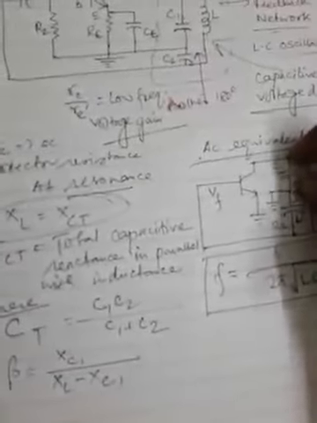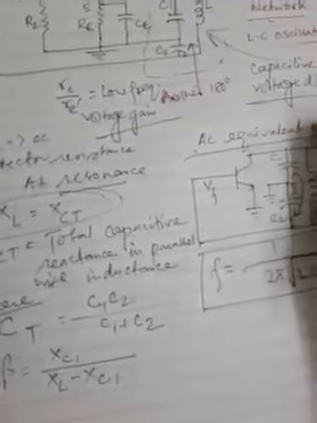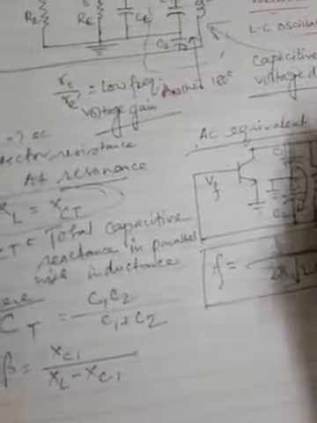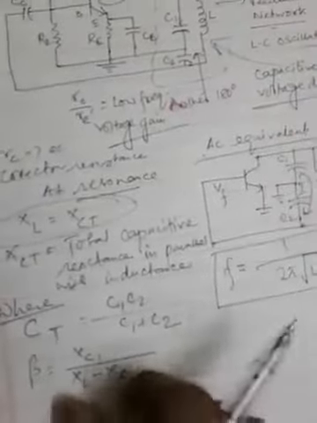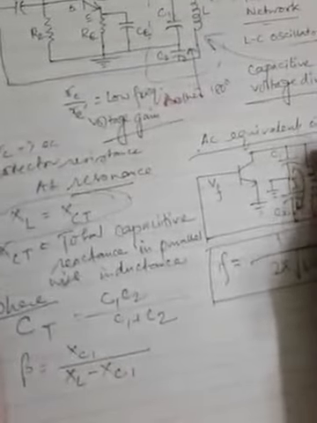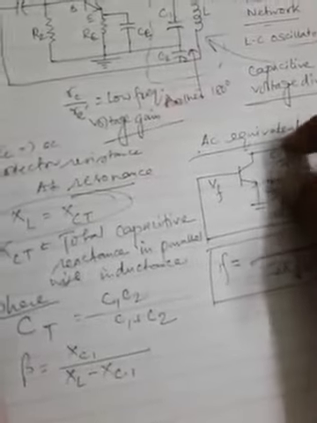So across the capacitance C1, the feedback is collected from the value of V0. The beta will depend on the voltage across the capacitor C1 divided by the whole of the other circuit, that is L and C1.